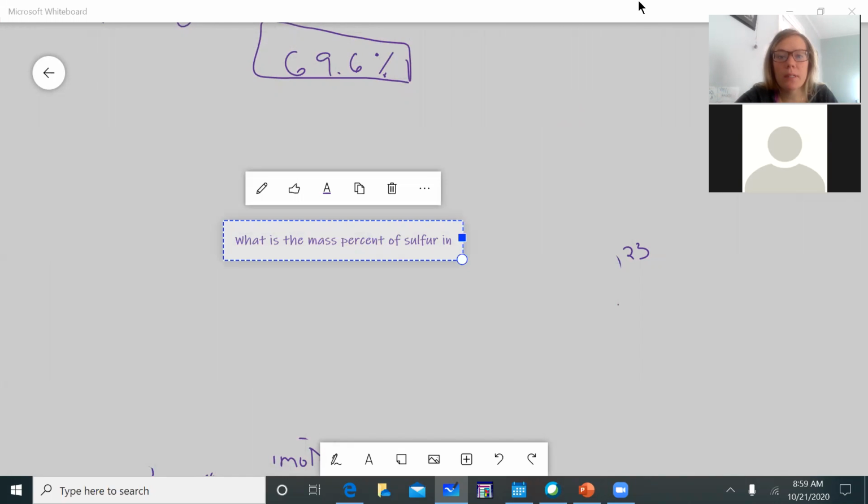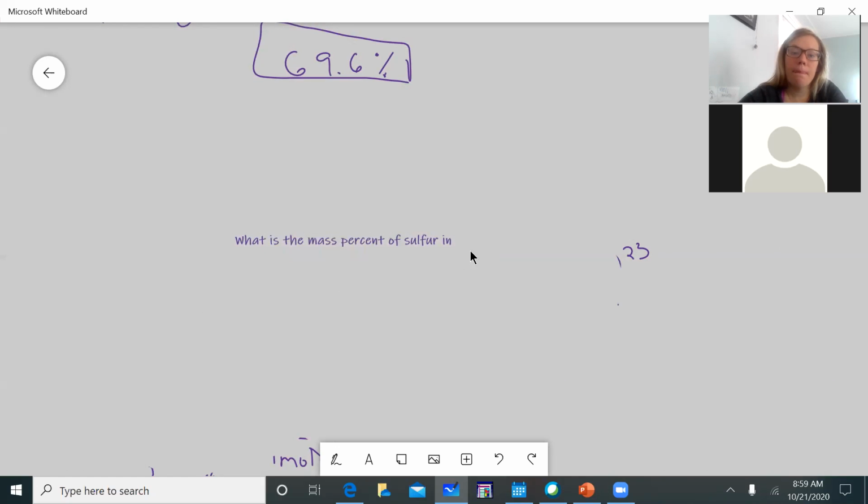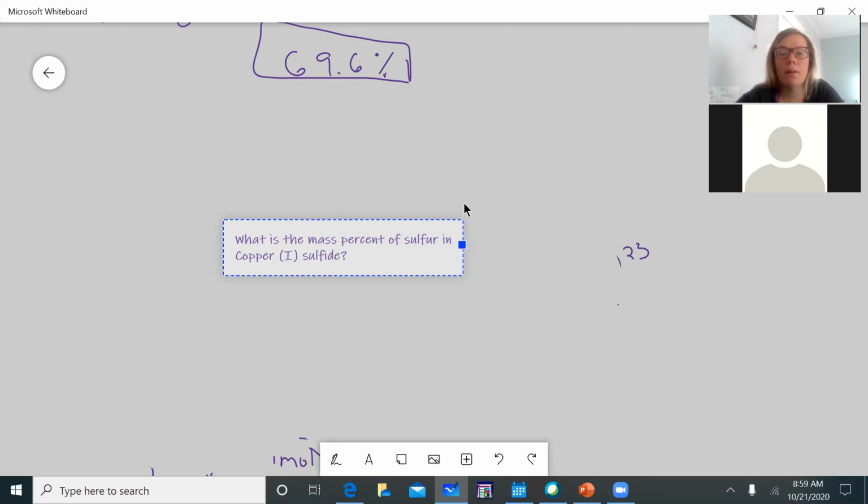Okay, hold on one sec. Let me write this problem down and then I'll get to that. So what is the mass percent of sulfur in copper(I) sulfide? Okay, start working on that one.